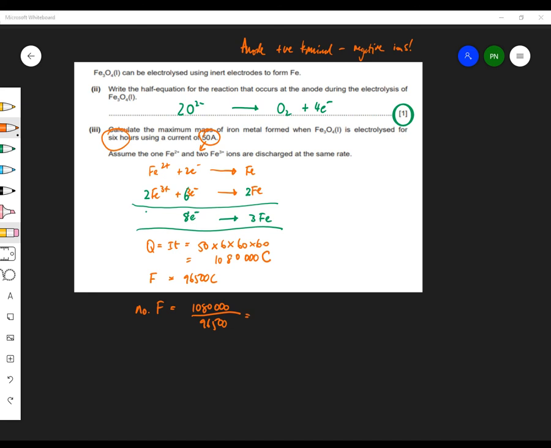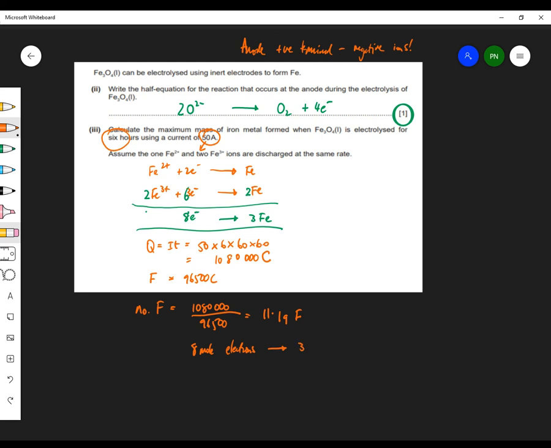So we've got 1,080,000 divided by 96,500, and we get 11.19 Faradays.